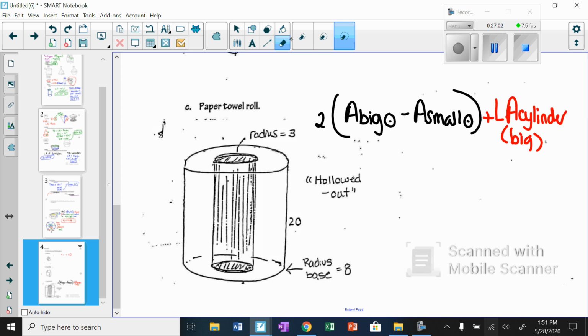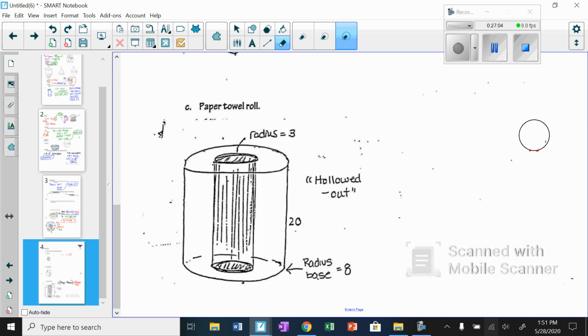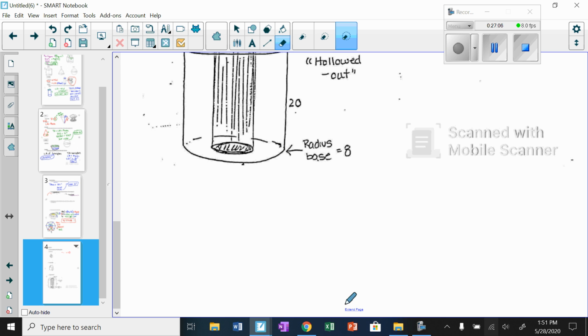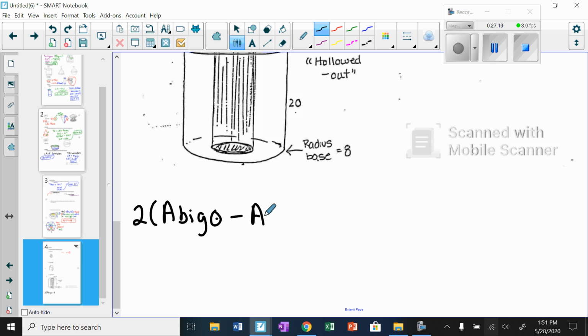plus, you know what, I need much more space here. Okay, so we said area: 2 times the area of the big circle minus the area of the small circle plus the lateral area of the big cylinder.